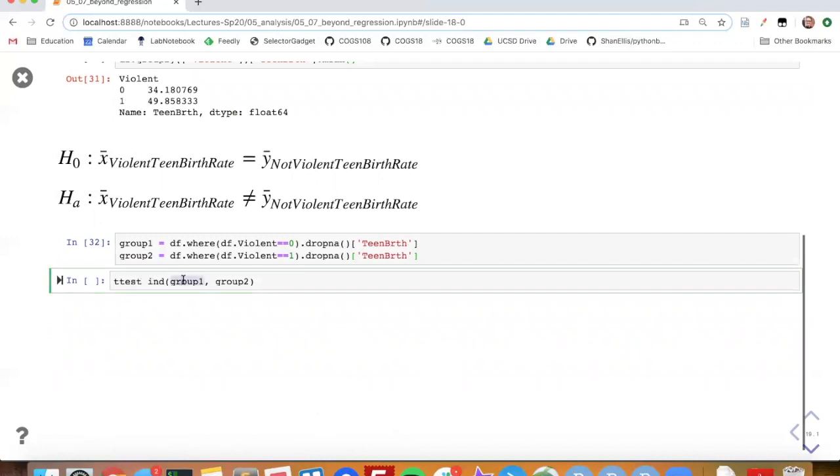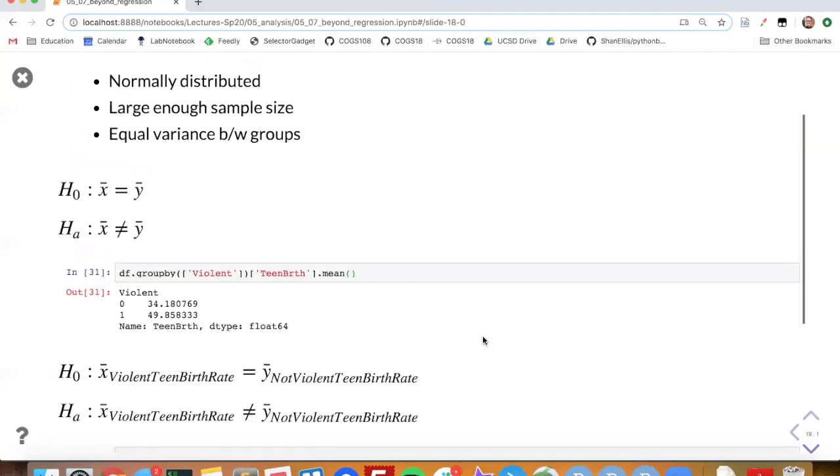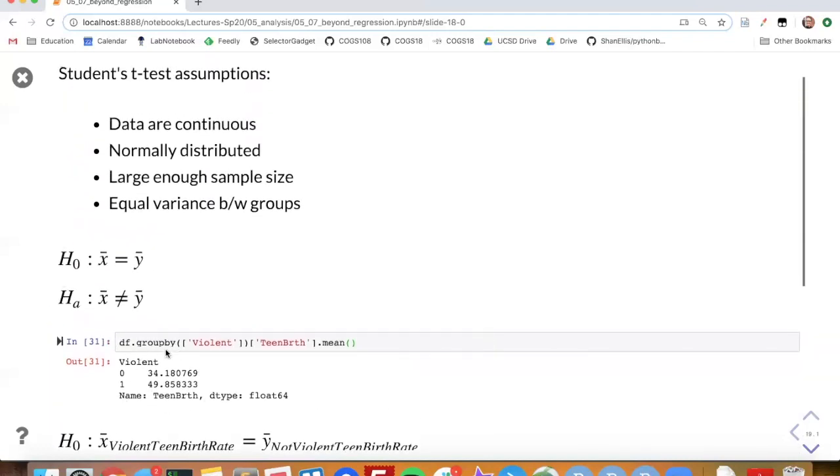To carry out a t-test, you would use the syntax here, specifying that you wanted to do a t-test. You get a t statistic here, and then a p-value. And in this case, this p-value is quite small. It's 0.60 and then a 1. It's a number very, very close to 0, letting you know, which makes sense with what we've seen, that these two averages are different between groups.